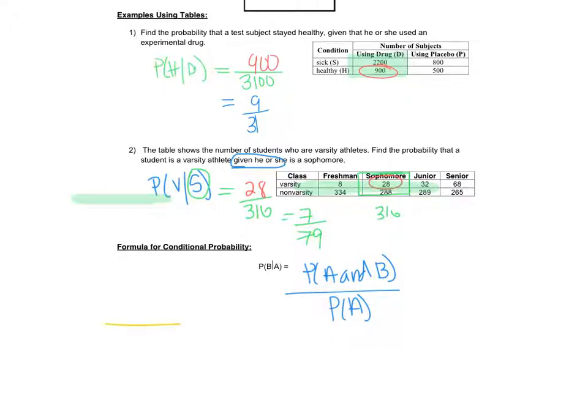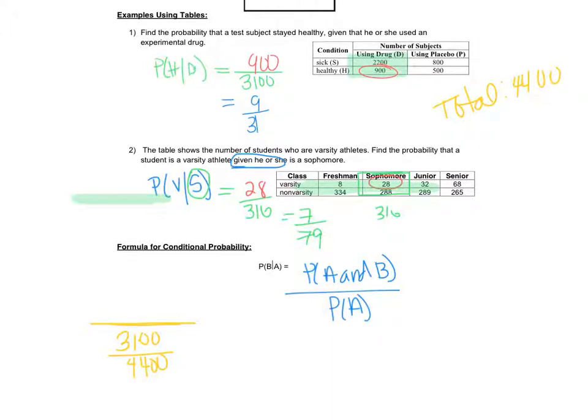So the probability of A, which is the fact that the patient used the experimental drug, well, there's 3,100 that use the experimental drug, and if we add up all those numbers in the box, there would be a total of 4,400. So that would go on the denominator here.